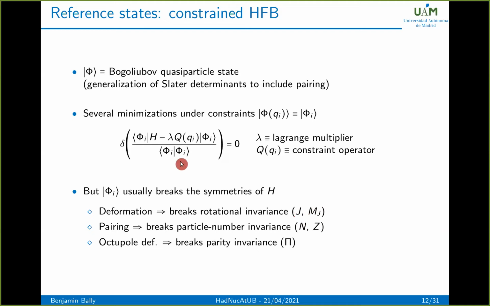If you include pairing, we consider quasi-particle states, but as a result, they break the particle number invariance, such that your state at the end does not have a good number of protons and neutrons. Another example is octupole deformation, where you break the parity invariance, so your state does not have a good parity. It's a thing we do because it's a very efficient way to include this kind of static correlations.